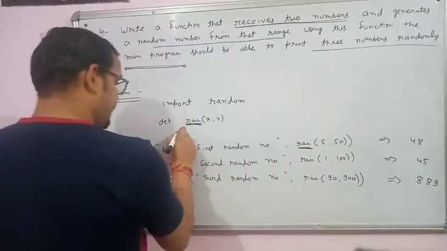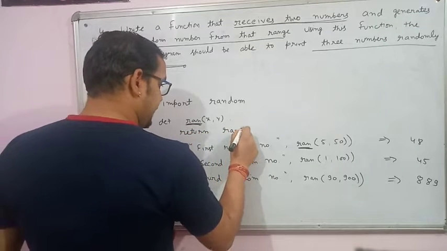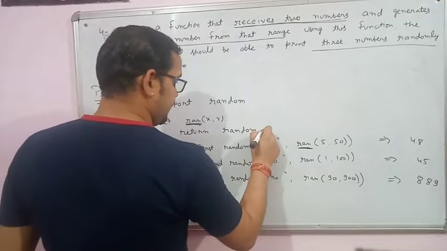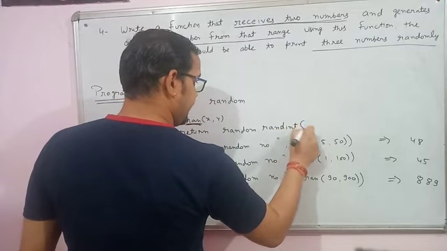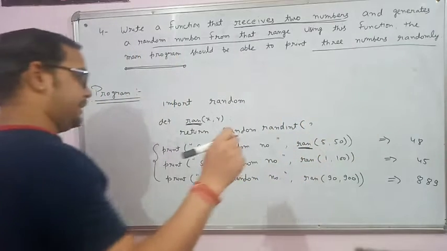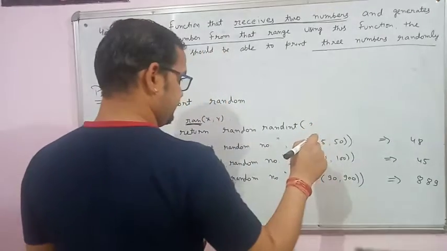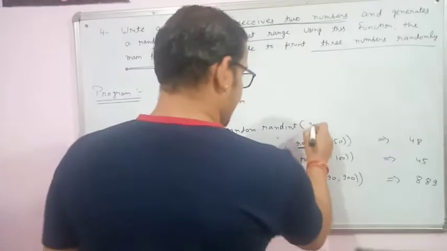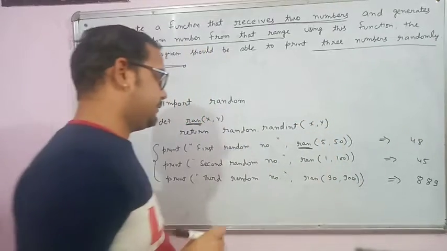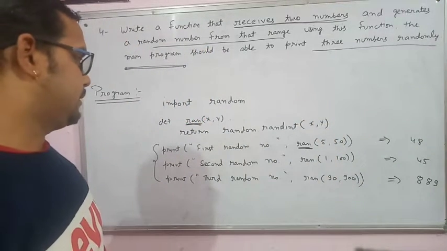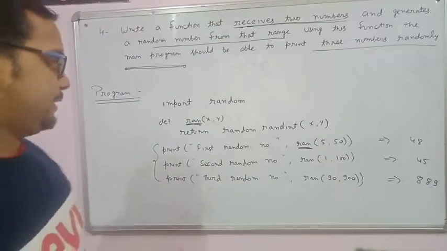So you have to write here return random.randint(x, y). Randint x comma y. Clear? I think it is clear to you.